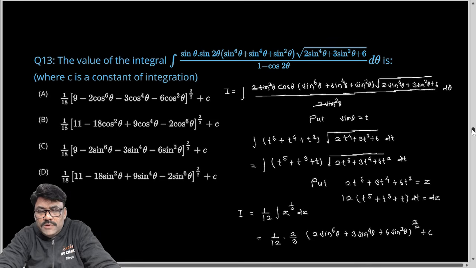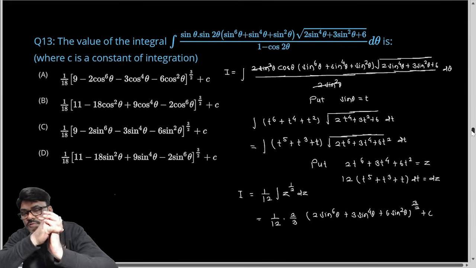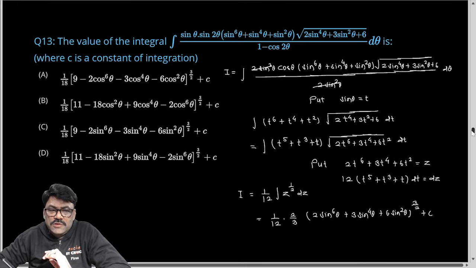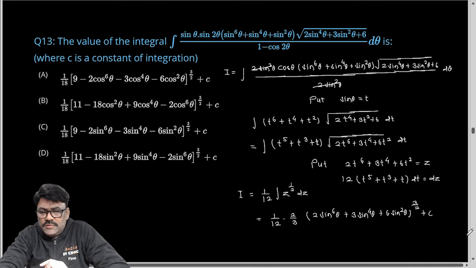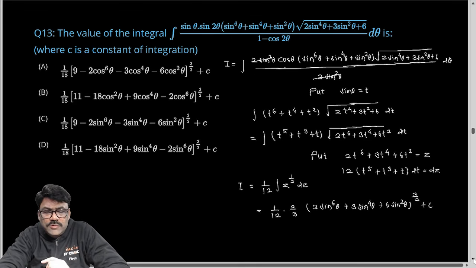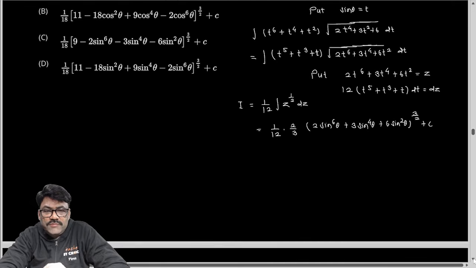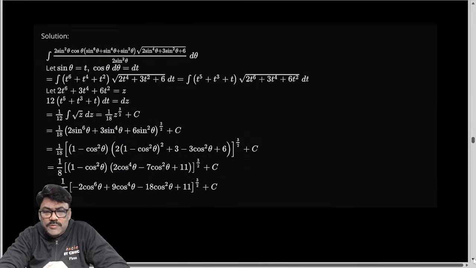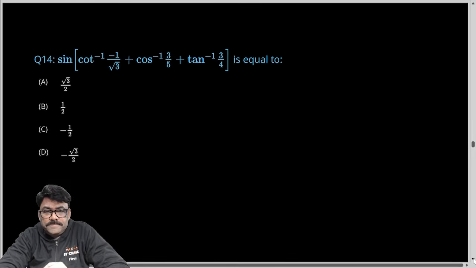Means what you will do, you write sine square theta as 1 minus cos square theta, sine raised to 4 theta as 1 minus cos square theta whole square, sine raised to 6 theta as 1 minus cos square theta whole cube, and rearrange after expansion, you will get option B. So it's a tricky question, tricky and lengthy too, because options are not given in terms of sine, they have given in terms of cos. So you have to do some manipulation to get the option also.